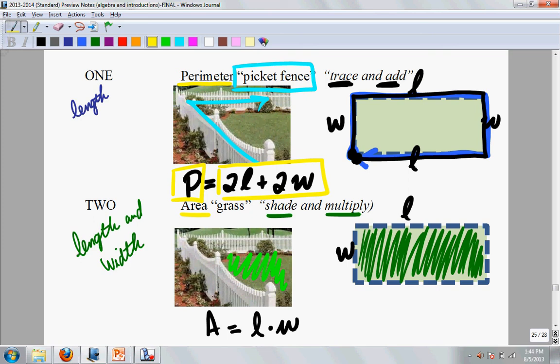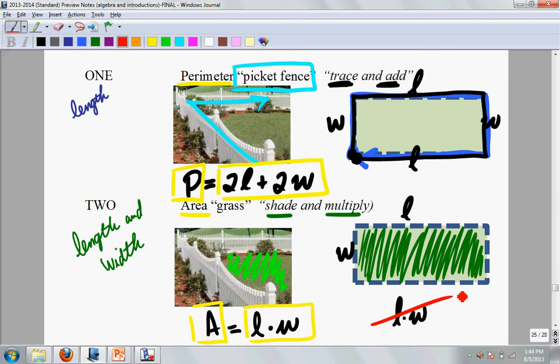Equations have two sides with an equal sign. Area. Area equals length times width. So when you write this equation, I want two sides with an equal sign. If I ask you to write area of a rectangle and you write this, that is not an equation, that's an expression.